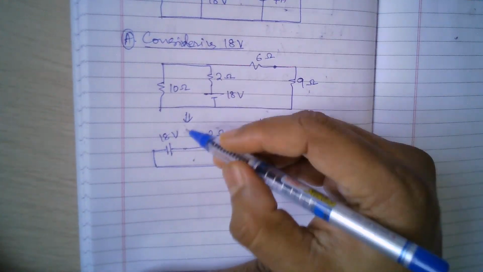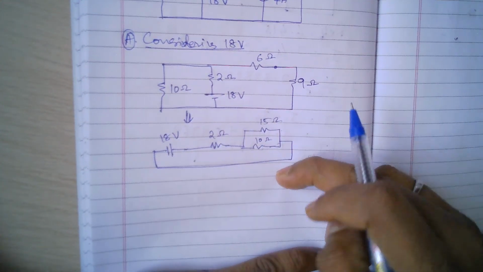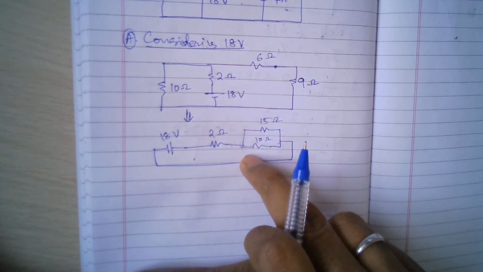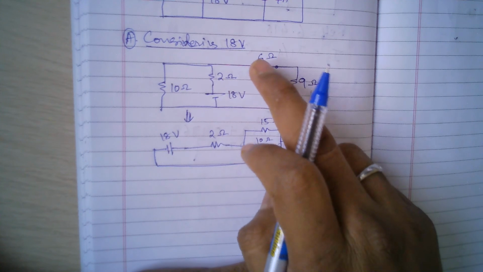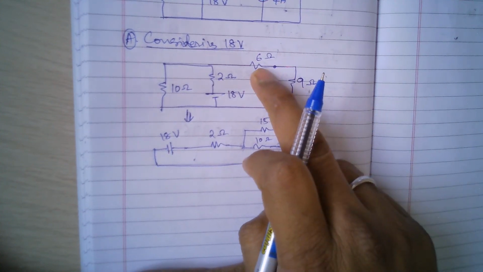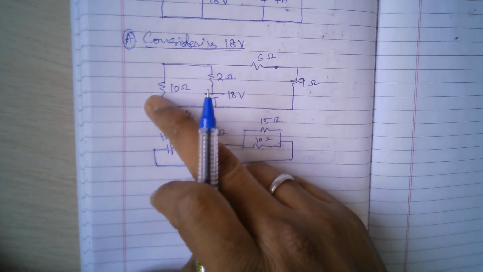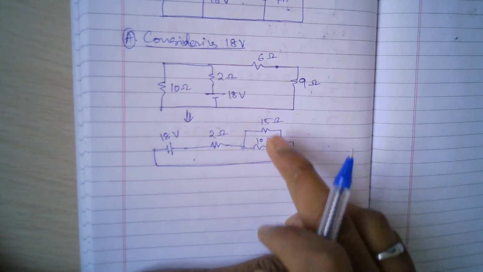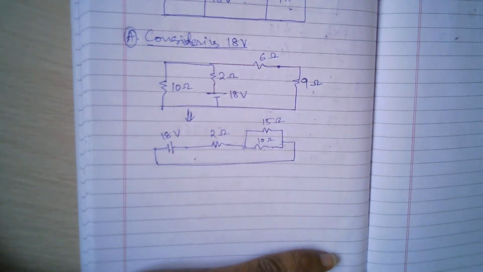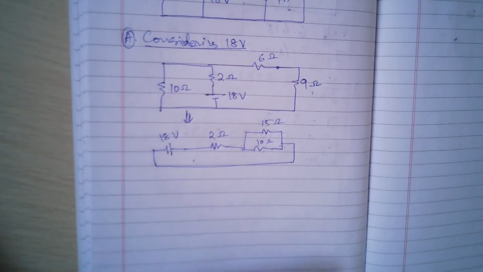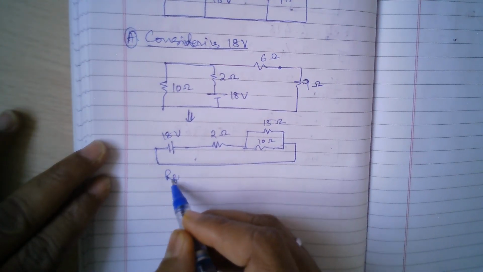These two are exactly the same circuit. I have just written it in such a way that it is easy to see what is going on: 9 plus 6 is 15, in parallel with 10, in series with 2, connected to the 18 volt source.